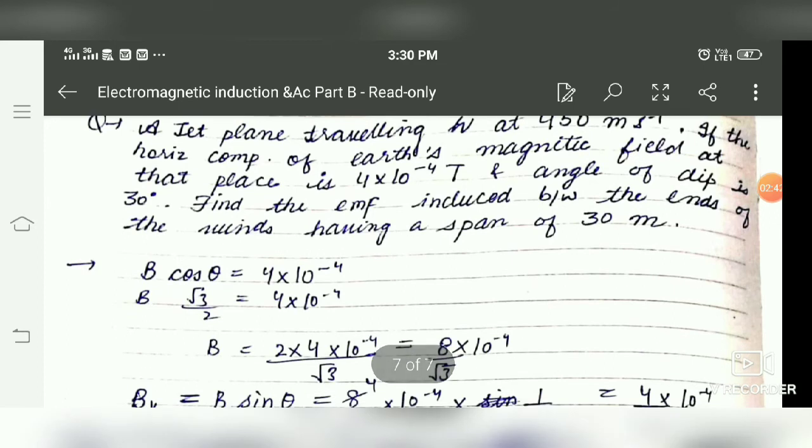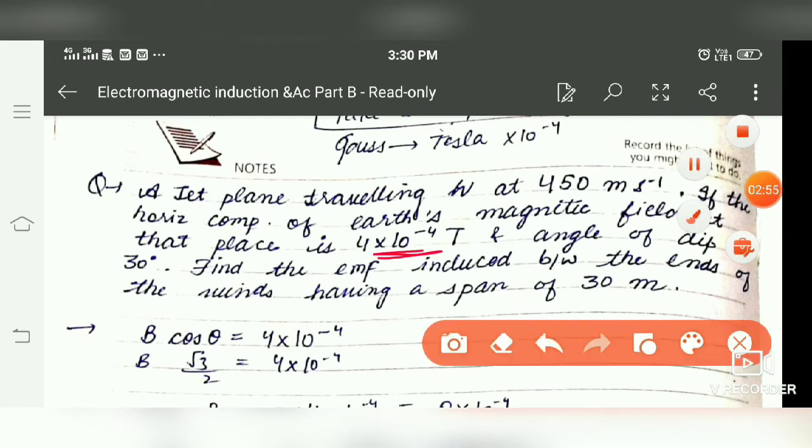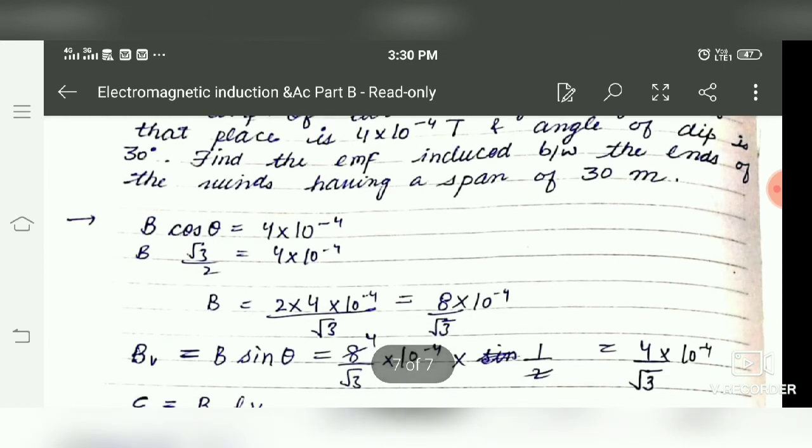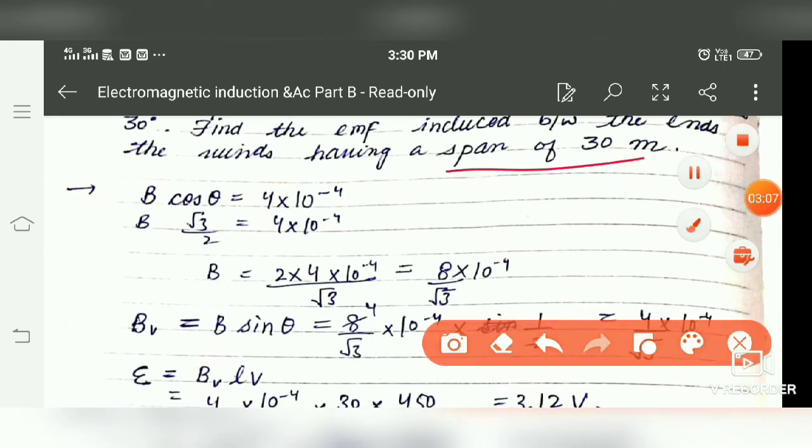Next question: a jet plane traveling at a speed of 450 meters per second. The horizontal component of the earth's magnetic field is BH here, and the angle of dip is delta here. So we can find the induced EMF between the ends of the wings having a span of 30 meters.